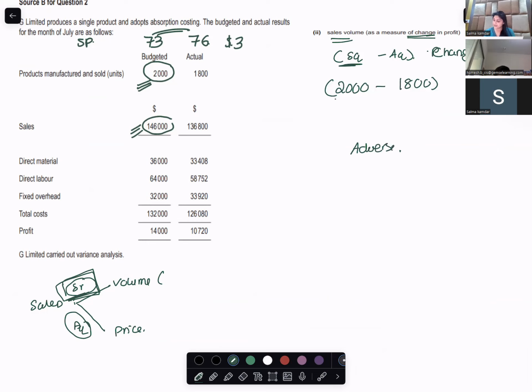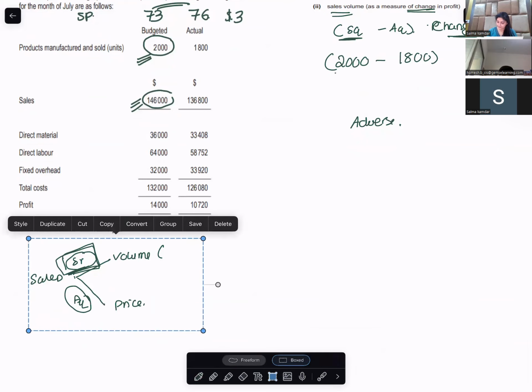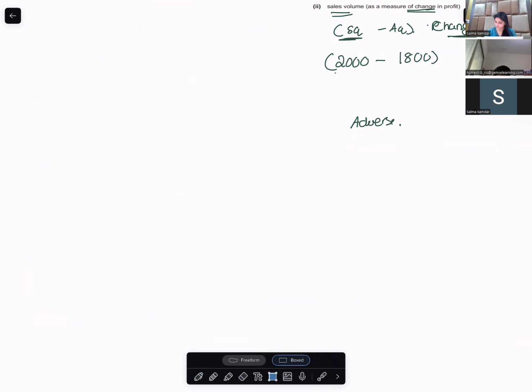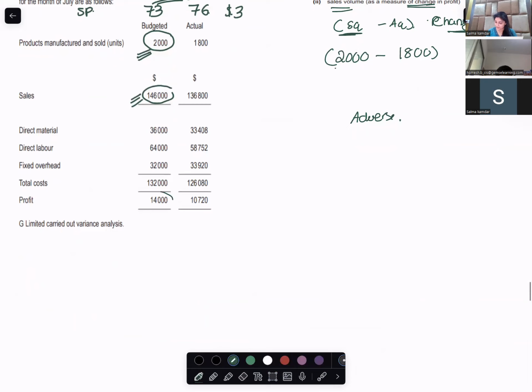Now you have to find the change in profit. How will you find it? What is your budgeted profit? 14,000, for how many units? 2,000. So what is your budgeted profit? It is 7 per unit.